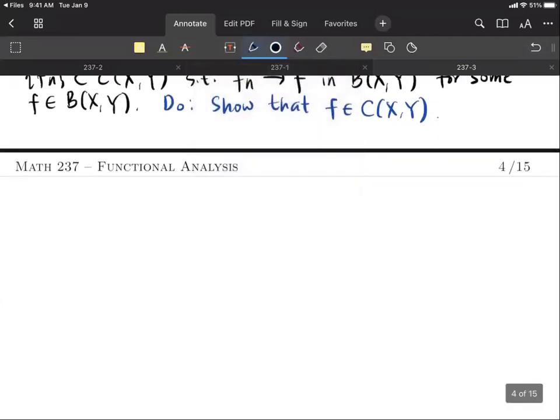The idea is that we would like to show that f is continuous at every point in the domain.